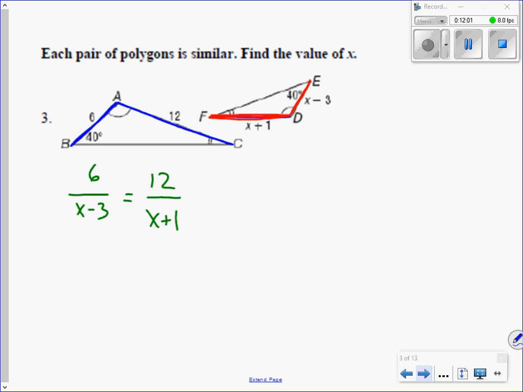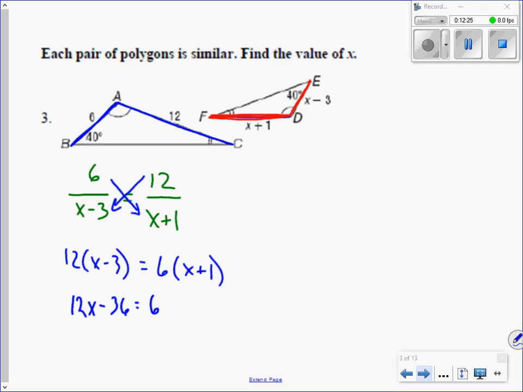You got to remember, when you cross multiply with binomials, you make sure you put those in parentheses. So 12 times x minus 3 equals 6 times x plus 1. Put those binomials in parentheses. You can distribute correctly. 12x minus 36 equals 6x plus 6.